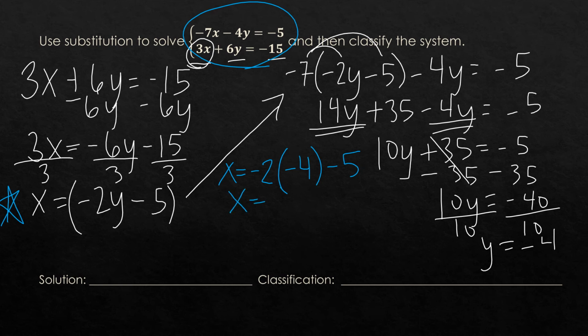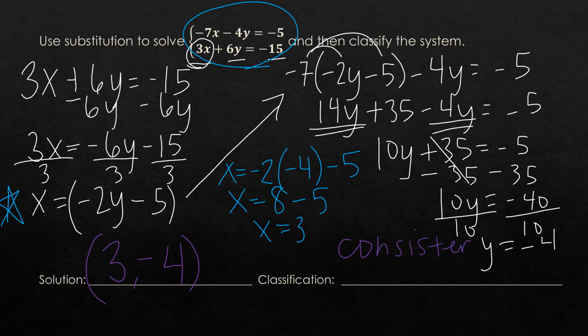So x equals 8 minus 5, which is 3. So my final solution is going to be 3, negative 4. So for the classification, this would be consistent since I had a solution, and it would be independent since we just had one solution.